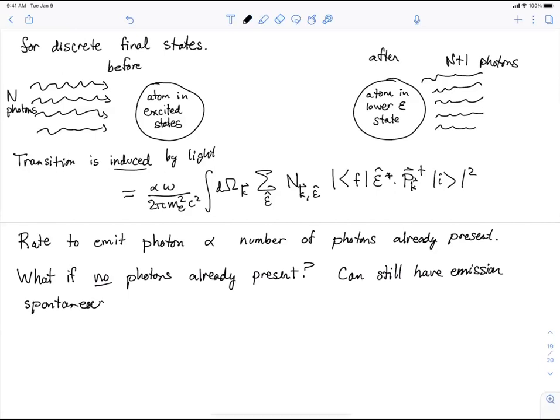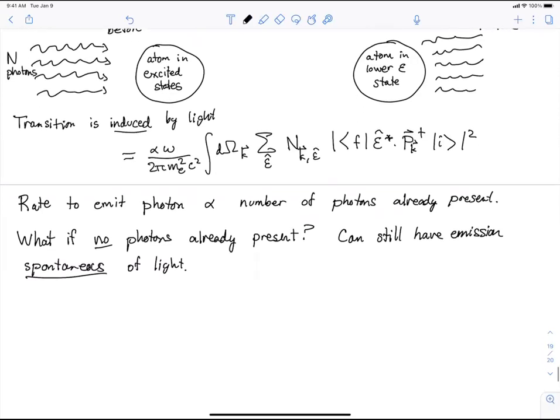So we'll write spontaneous here. Okay, and the reason our calculation doesn't show that is because we've been treating the electromagnetic field as classical and then promoting the things into operators. But really, electromagnetic fields are quantum systems themselves. And to get the answer for spontaneous emission, the best way to do it is to take that into account.